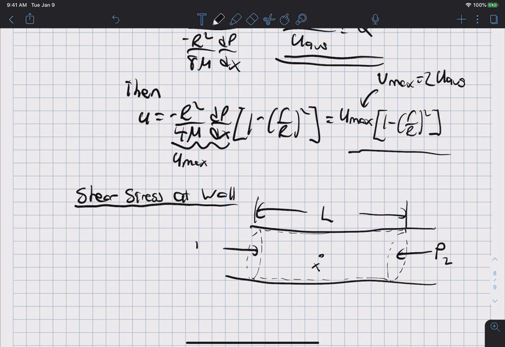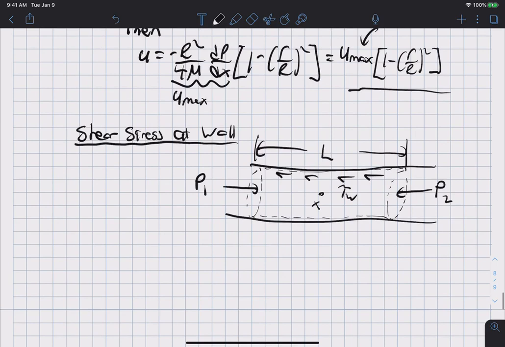And we have pressure here, P1, but also at the wall we have shear stress. Okay, and so we did a big long control volume here, and we know that because it's fully developed, tau wall is equal to a constant, right?